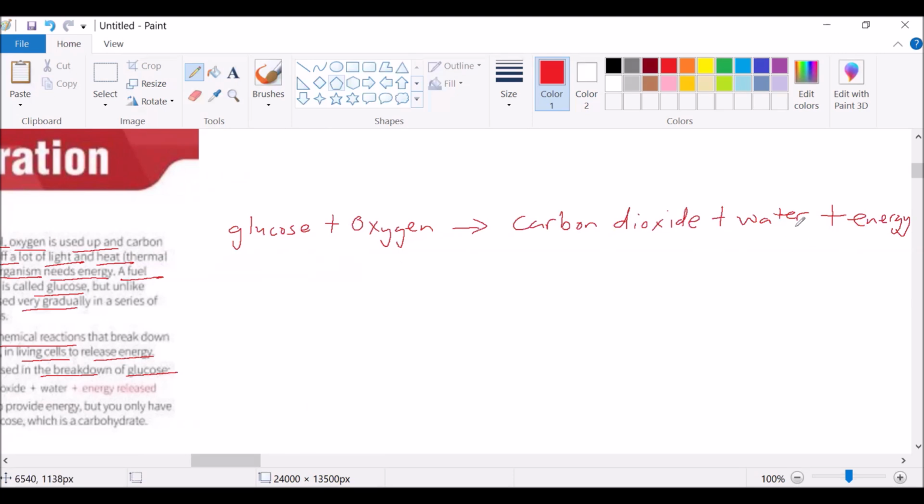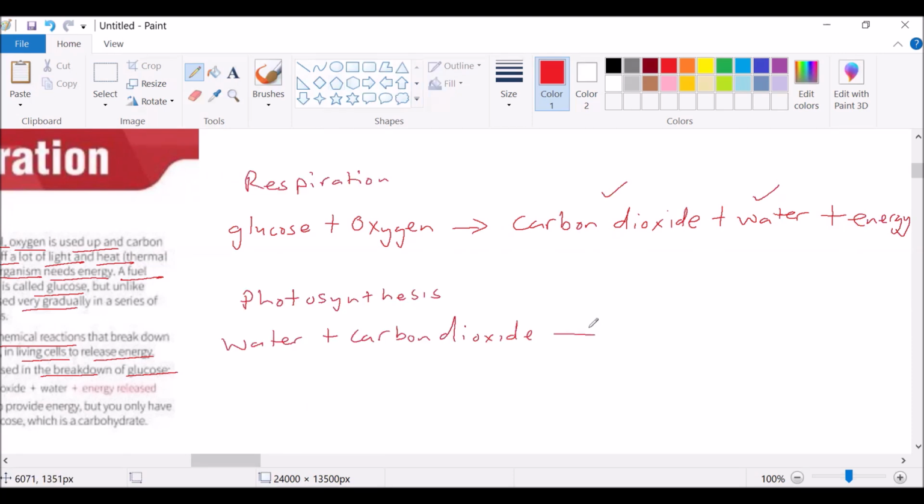If we look carefully at this formula, this is the reverse of photosynthesis. Because for photosynthesis, we start with water and carbon dioxide to give us glucose and oxygen, which are the inputs of respiration. So the inputs of respiration are the products of photosynthesis.